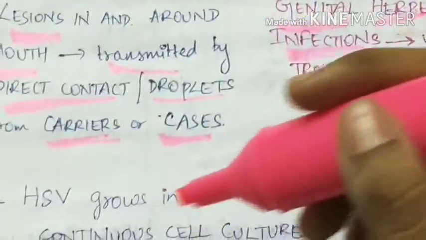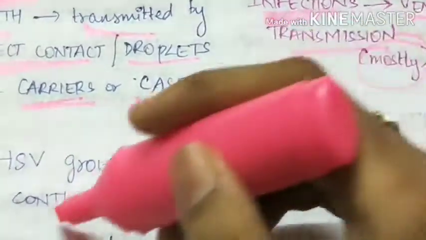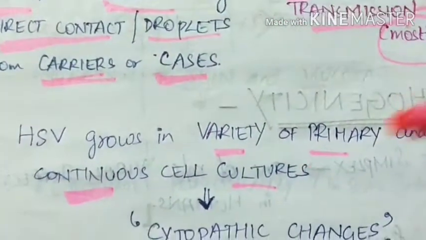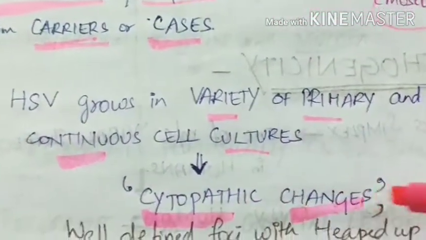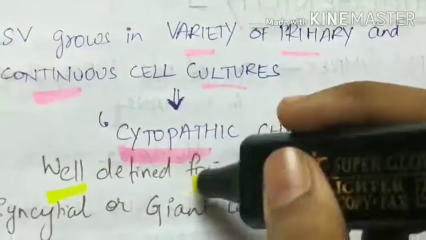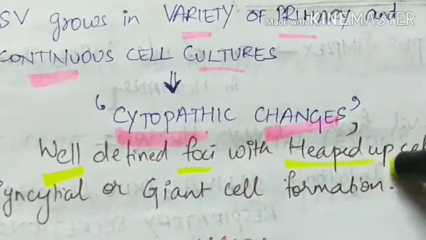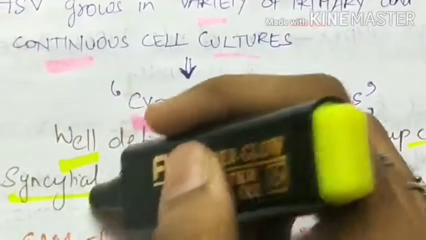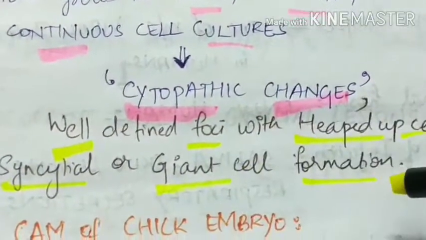HSV grows in a variety of primary and continuous cell cultures, and it produces cytopathic changes. These cytopathic changes are well-defined foci with heaped up cells, and there is syncytium or giant cell formation.